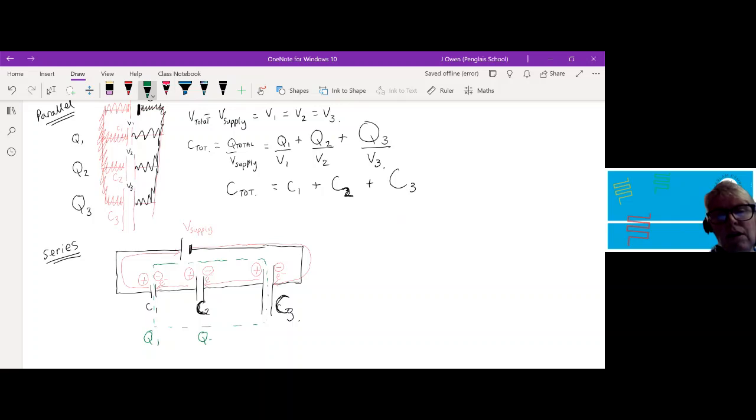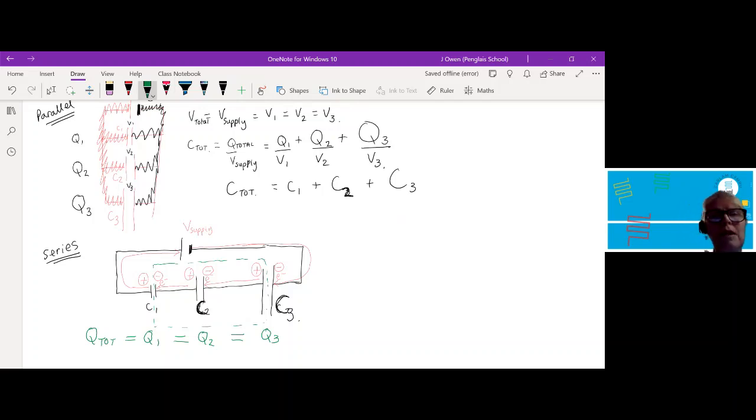Q2 and Q3 will be identical, and that will equal the total charge on the capacitor plates. Because if C3 holds a certain charge, then C2 will hold the same charge because it's had to be repelled from C3, and C1 will hold exactly the same charge.